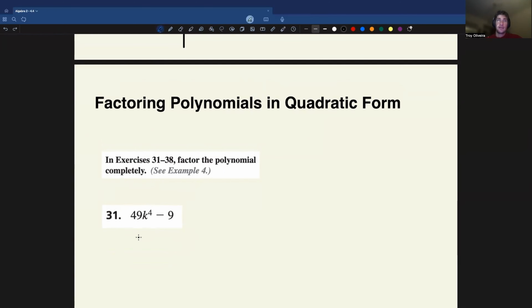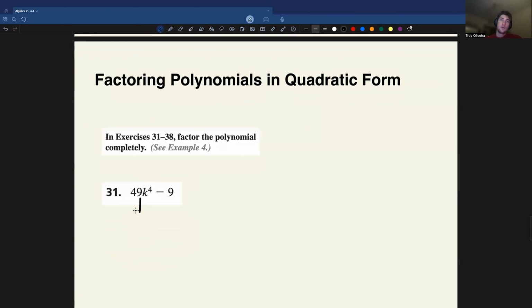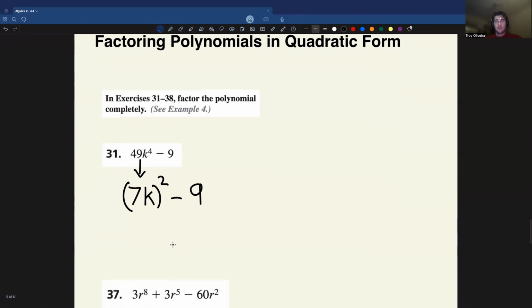So we can, if we want, turn this into a quadratic by saying, all right, well, what is this actually equal to? Well, that's 7k squared and then minus 9 here. And why did I do that? Well, technically that turns it into ax squared plus bx, but there just is no b, and then plus c, right?